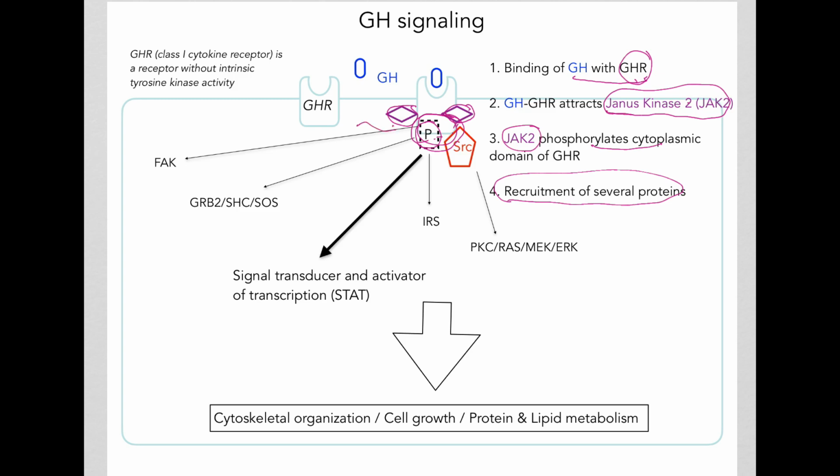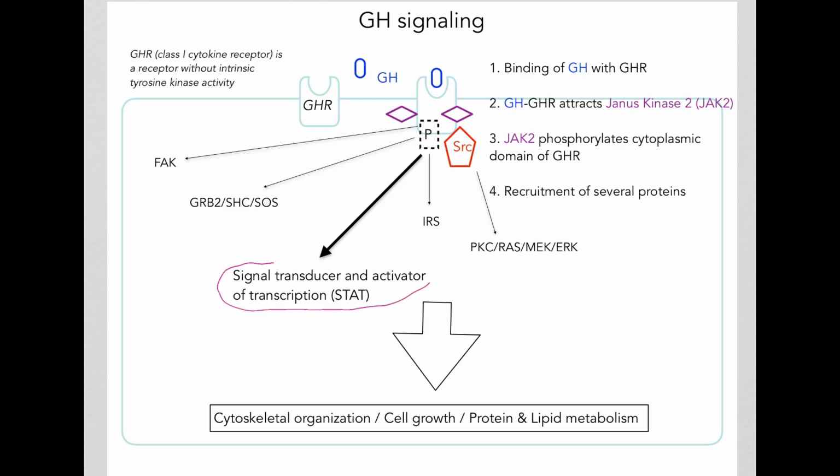So many proteins will start getting attracted to this receptor. The major protein is called signal transducer and activator of transcription, or STAT. So we generally call this signaling pathway the JAK-STAT pathway, Janus kinase STAT pathway.